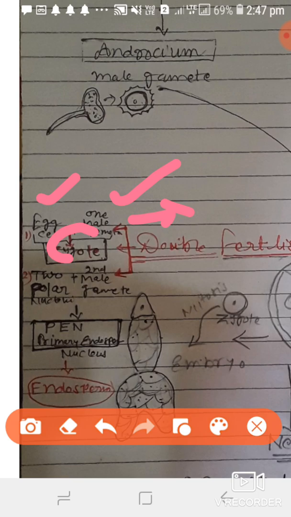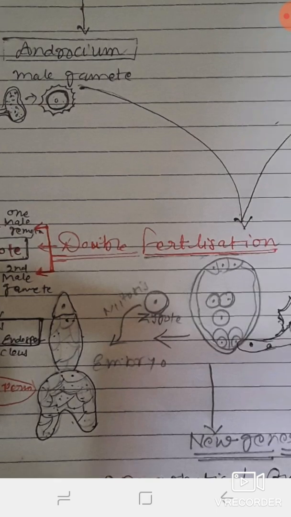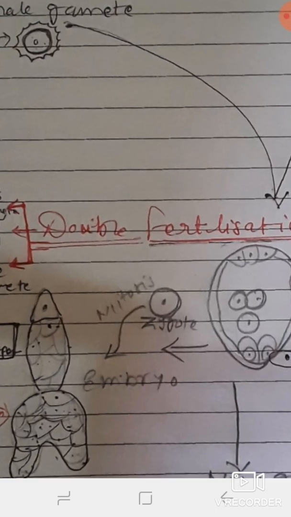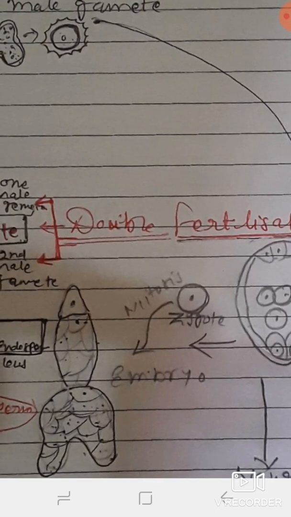And when the two polar nuclei fuse with the second male gamete, it forms the PEN, primary endosperm nucleus. And after the formation of the zygote, the process of mitosis occurs, which further forms the embryo.